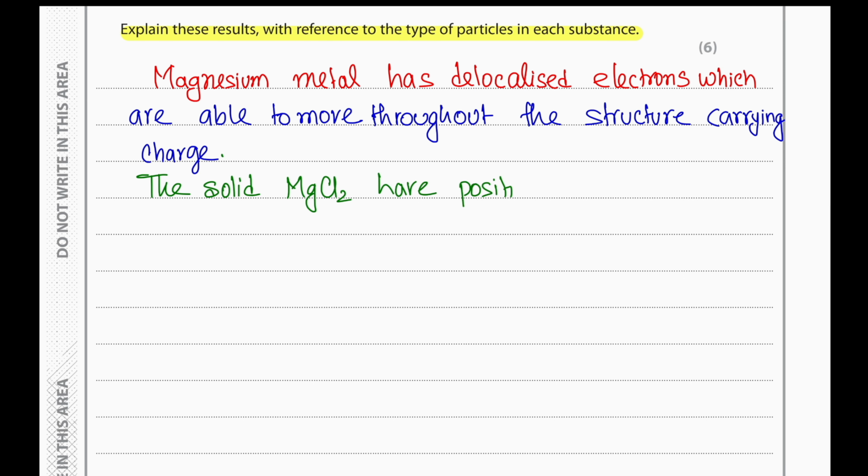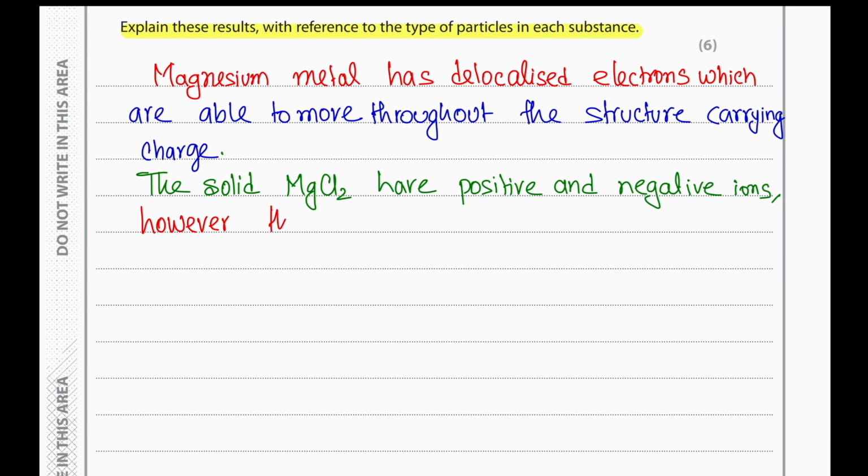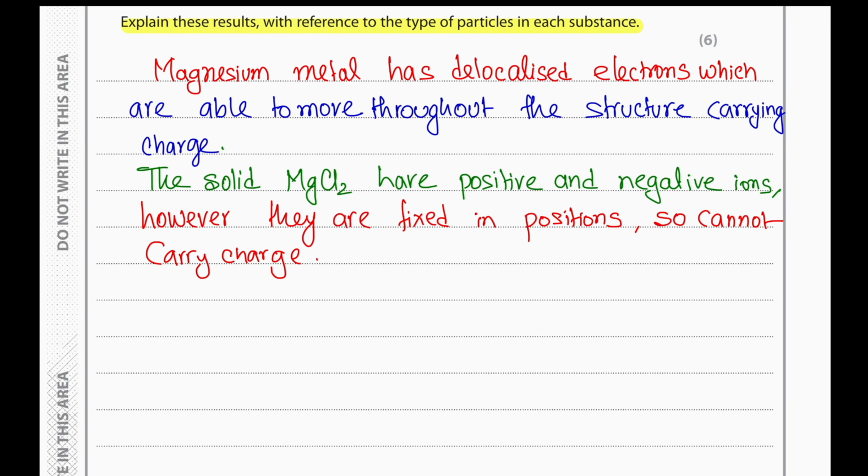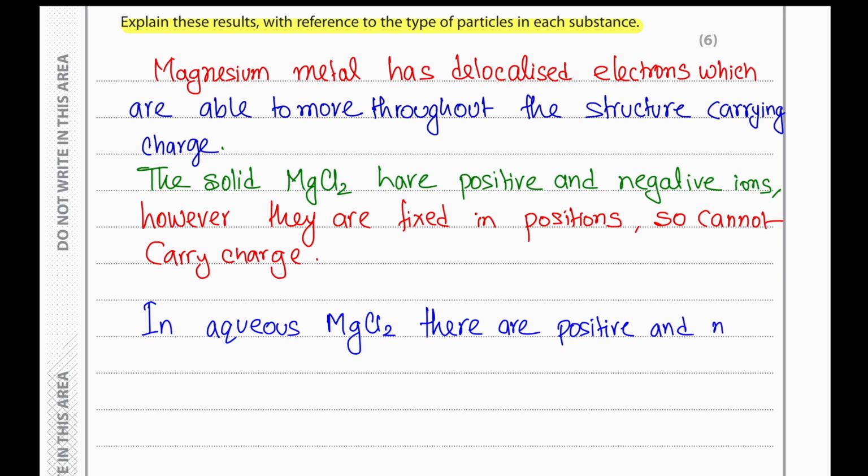They cannot move, they can only vibrate. So they cannot carry electrical charge. And for aqueous magnesium chloride, we will say positive and negative ions can flow because they are mobile, they are in solution, they are able to flow, and thereby they are able to carry charges from one electrode to another electrode.